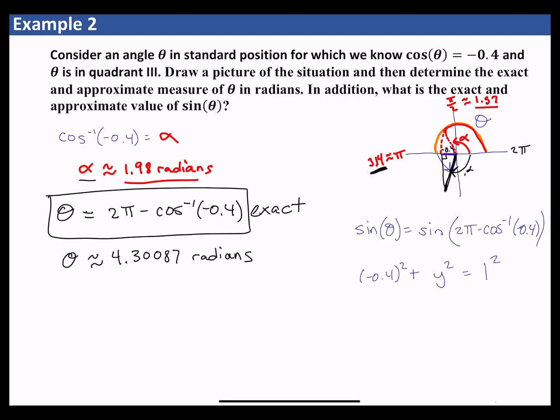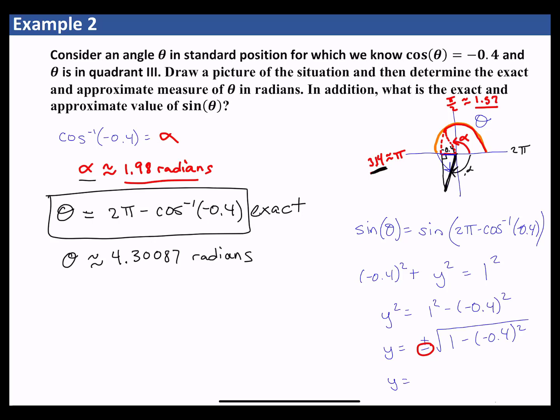And so we would get y squared equals 1 squared minus negative 0.4 squared, we would take the square root, and typically we have that plus or minus the square root. And keep in mind in this case, because our angle theta is in the third quadrant, the y values are negative there.